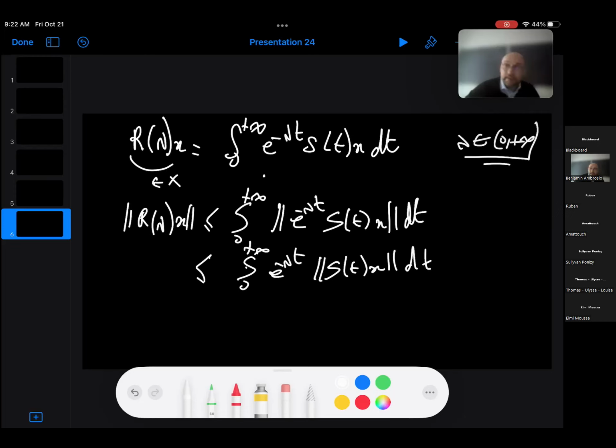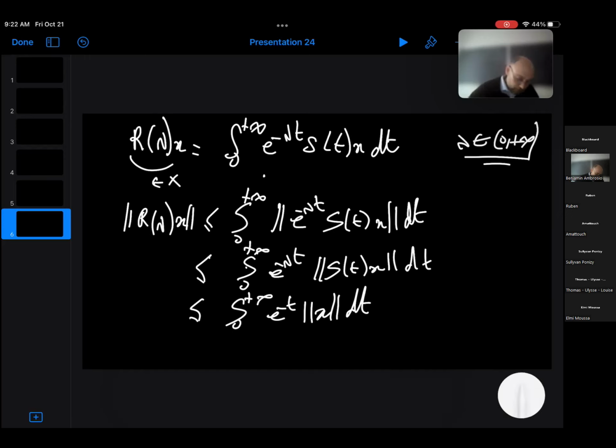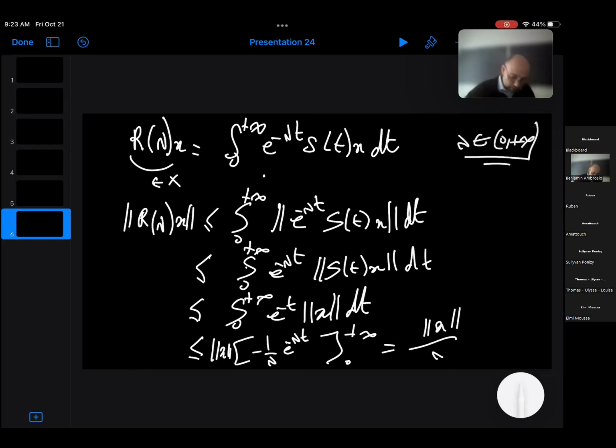But since S(t) is a C0 semigroup of contractions, this is less than this. So the norm of S(t) is less than 1, because S(t) is a C0 semigroup of contractions. So then this is equal to the norm of x divided by lambda.